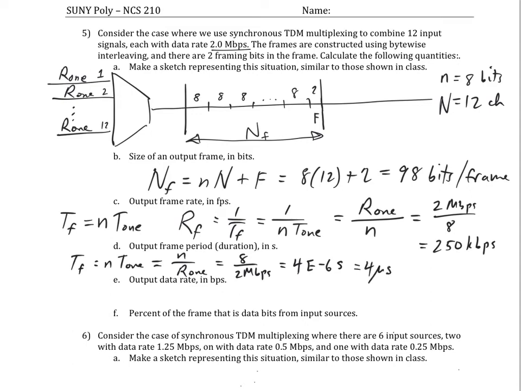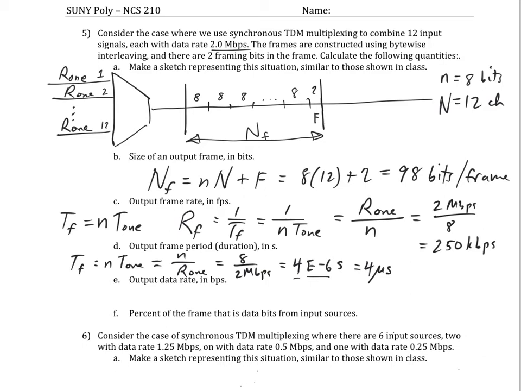Okay, and at this point in the semester, I'm assuming you're pretty familiar with taking 8 over 2 megs and turning that into 4 micros. Meg is 10 to the plus 6, and when we bring it up, it becomes 10 to the minus 6. 8 over 2 is 4, and so this is 4 microseconds, the duration of one output frame.